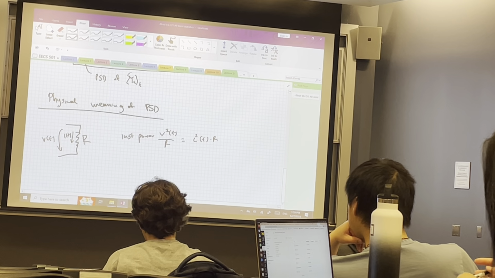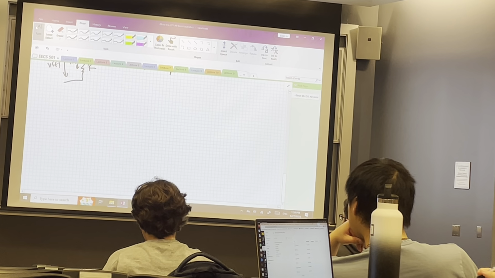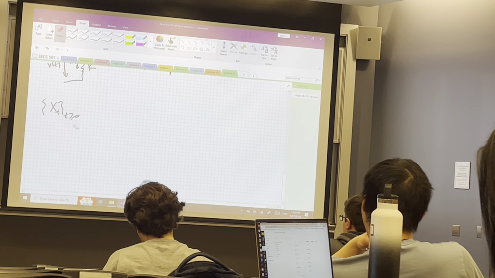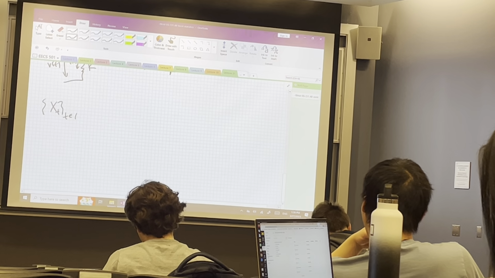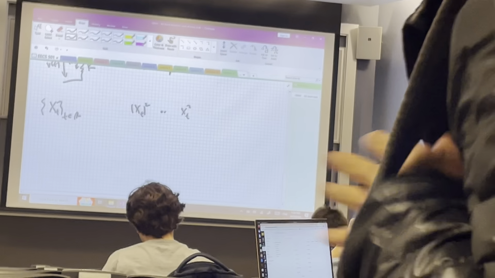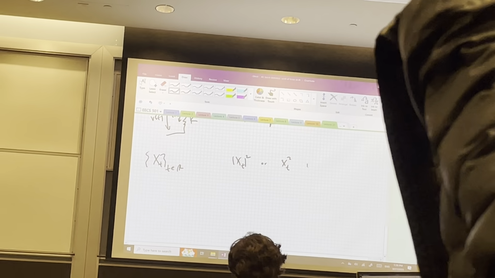So every time I give you a random process x of t, which is a random signal, say t in R, then I can say that the magnitude of x of t squared can be thought of as instantaneous power. Yes? Let's define this as instantaneous power.